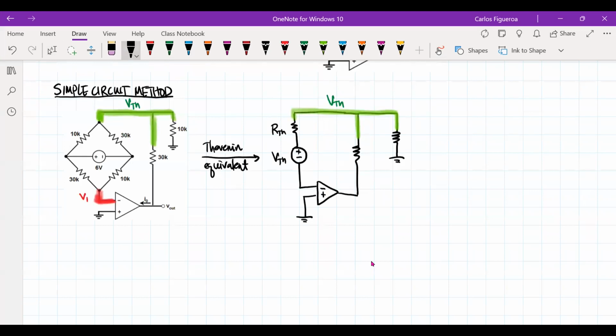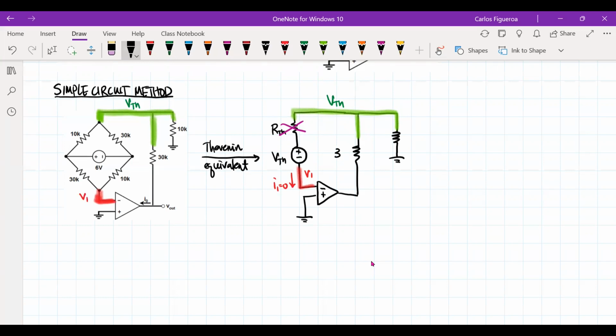So why would I call that green node VTH? Well, remember, this node right here is V1. But V1 has a current of 0 in this branch. Because of this, it automatically kills off the R Thevenin resistor.